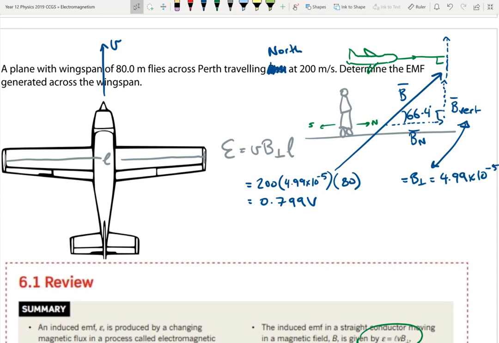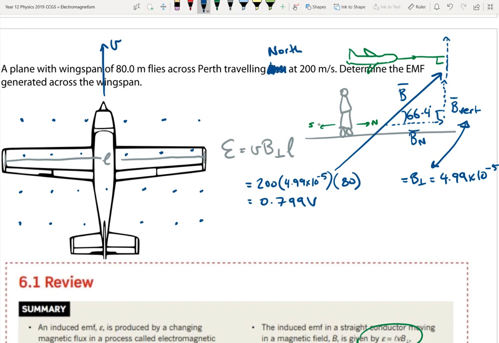Out of the page, good. The vertical component is upwards. We are looking downwards, so upwards is going to be out of the page. Let's just crudely represent that with a couple of symbols, of dots, which tell us that it's traveling through a section that's coming out of the page.